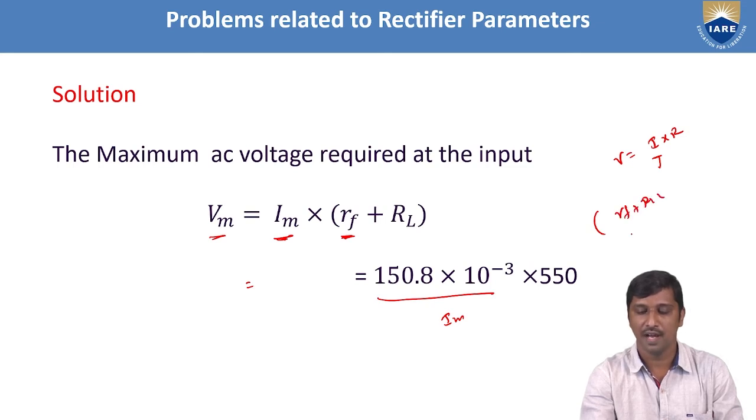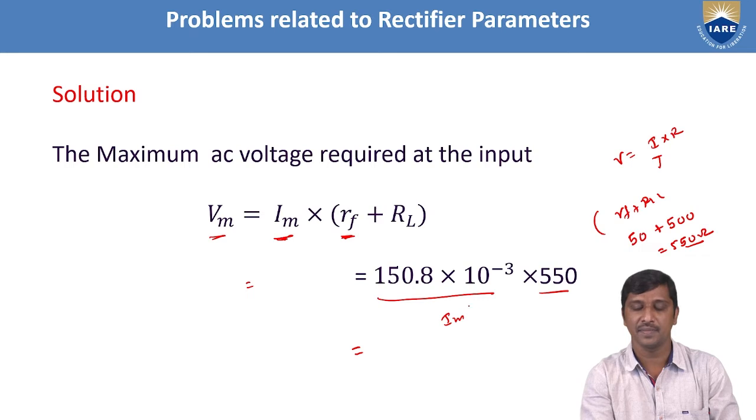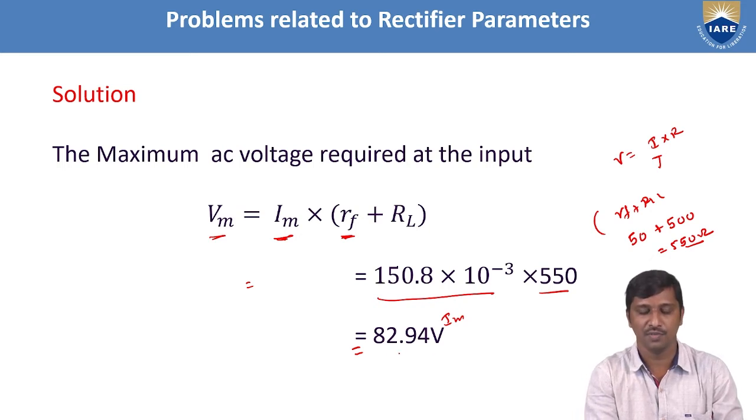RF is 50 ohms and RL is 500 ohms, so the total resistance is 550 ohms. Then 150.8 milliamperes multiplied with 550 ohms produces a voltage of 82.94 volts.